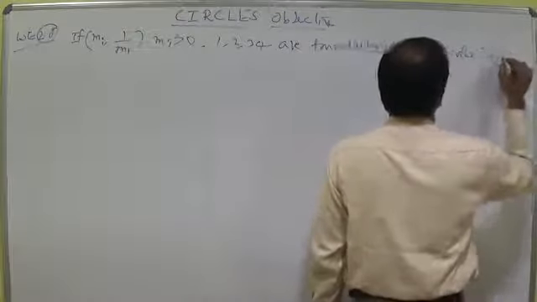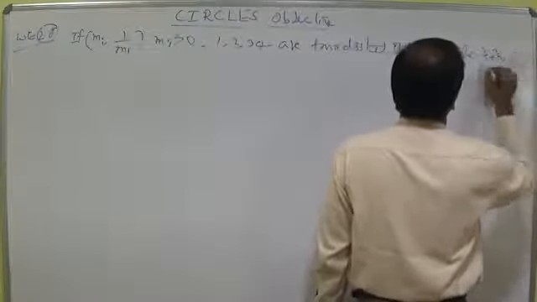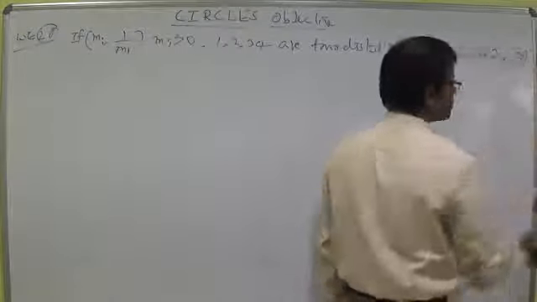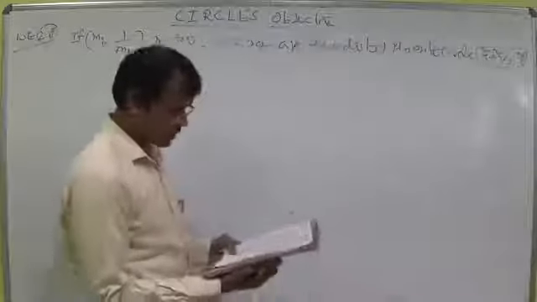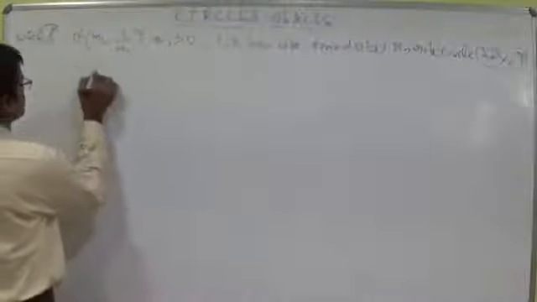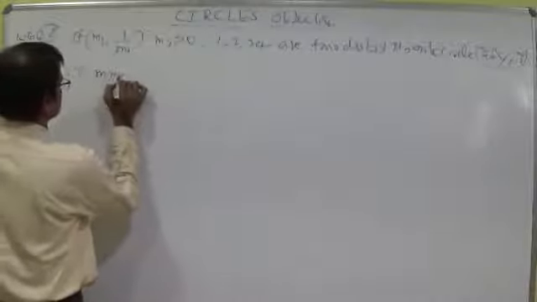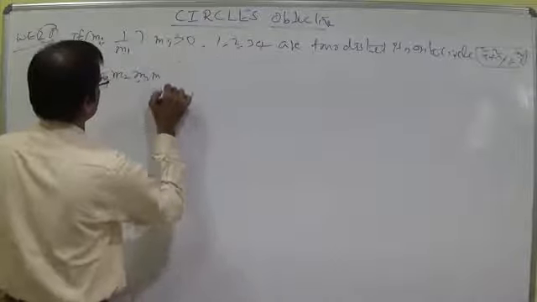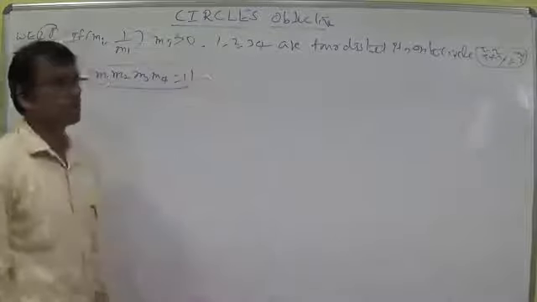I am considering the circle as x square plus y square is equal to r square. Of course, a general circle also we can take, but x square plus y square equal to r square is easy. Then show that m1 into m2 into m3 into m4 equal to 1.